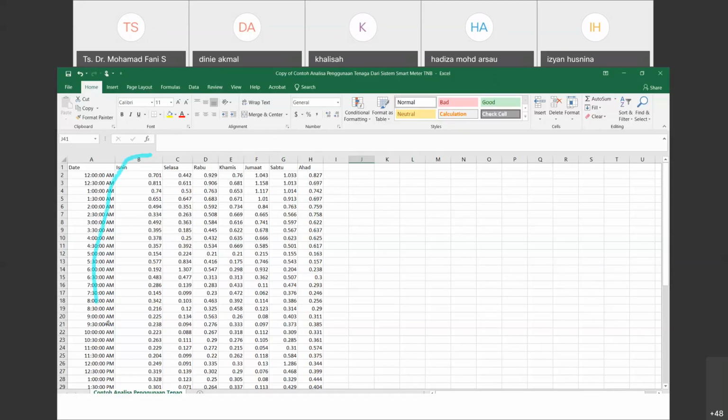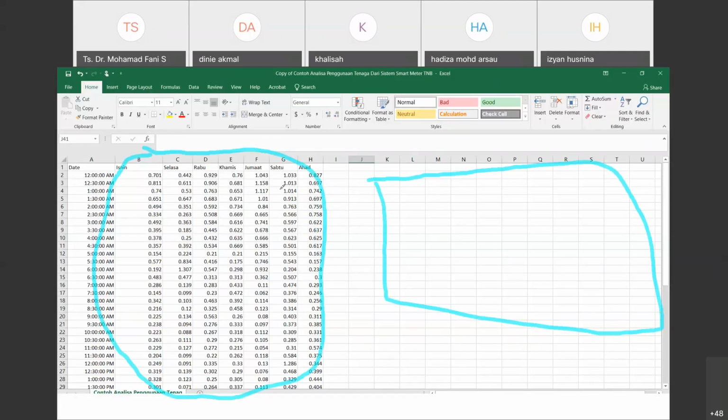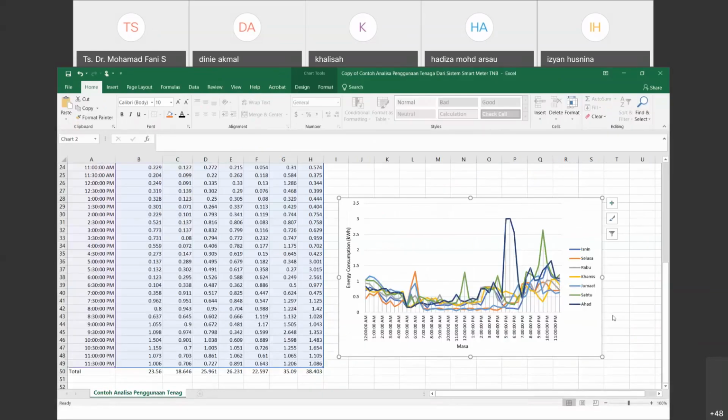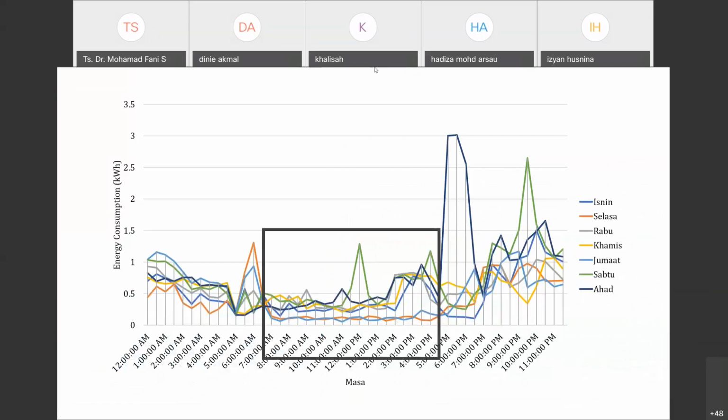So here is the 7 days data, and you can create a graph for the 7 days, as we did for the last class, right? Something like this for 7 days, and analyze the profile. From here, we can see there's something on Saturday.